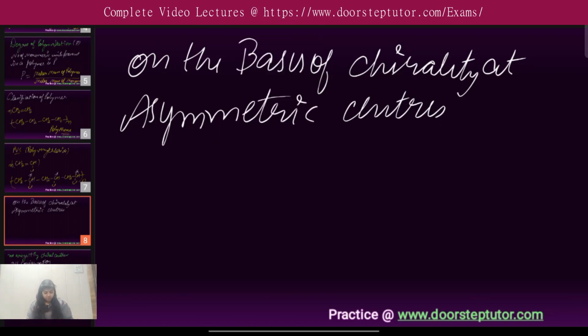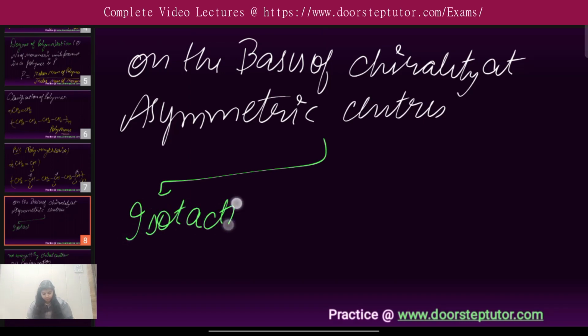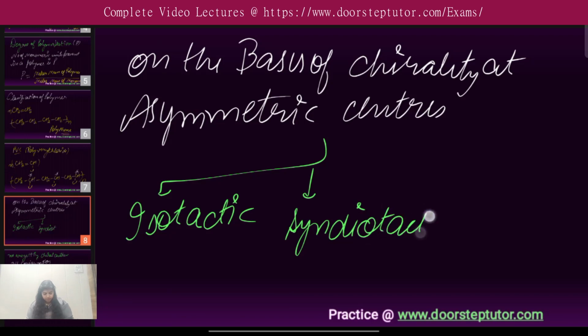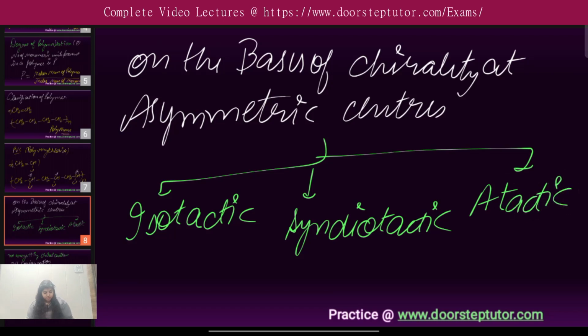The possible categories are the isotactic polymers, the other is called syndiotactic, and the third one is the atactic polymers. On the basis of these three categories they are possible.